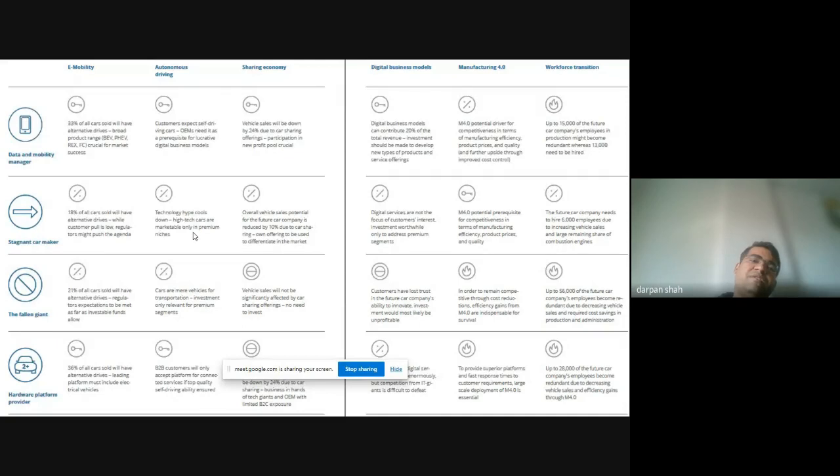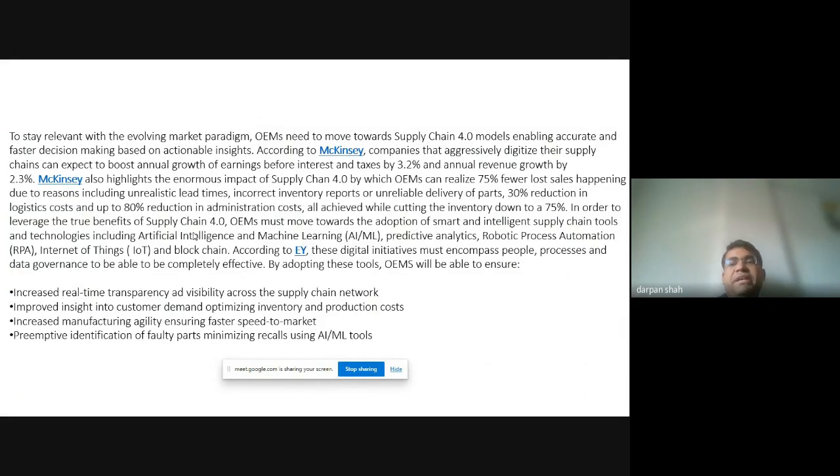So a similar product mix will be there in the future, and it is therefore very important for companies to have these four things integrated or adopted into their way of working or business processes.